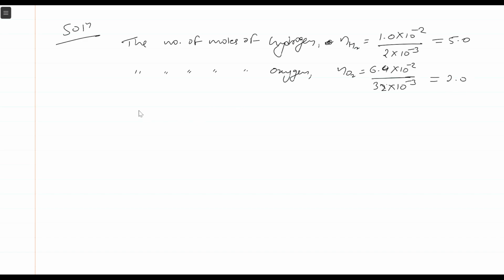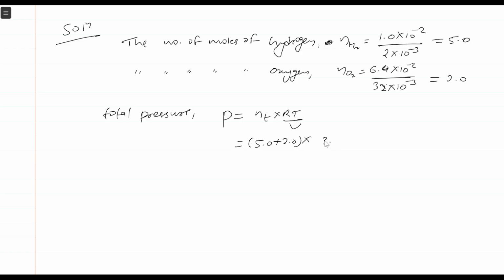So the total pressure P is given by n_T into RT by V. This is the ideal gas equation in case of partial pressures. n_T means add these two, 5.0 plus 2.0, into R. If the values are given in kg, then what is the value of R?